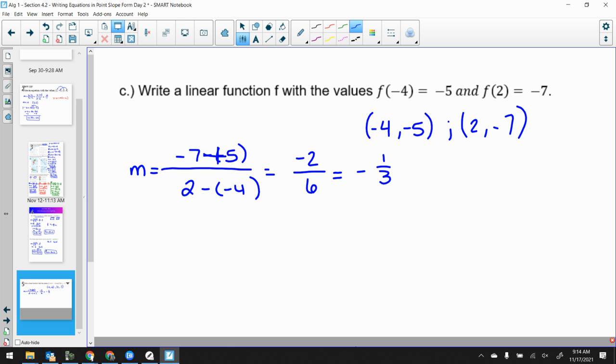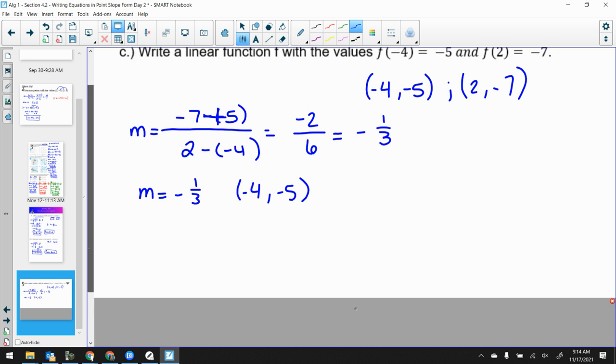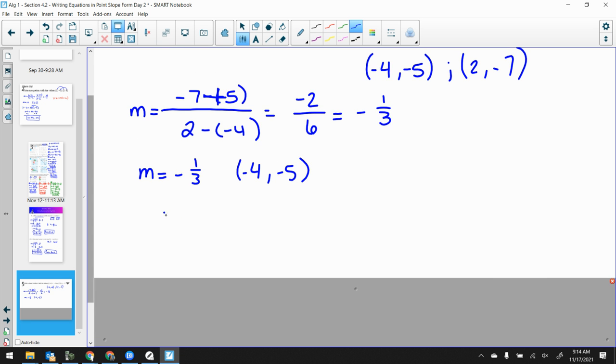All right. What coordinate would we like to choose? I heard Brennan said -4, -5. It was his birthday yesterday, so we'll say m is -1/3. We've got -4, -5. So this gets us a y plus 5. Catch that, plus 5, because it would have been a minus a -5.